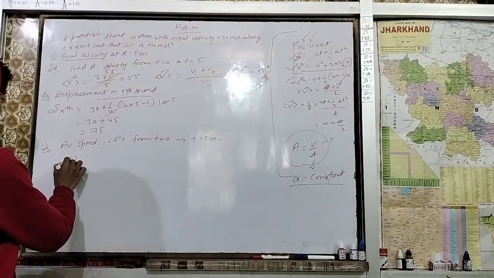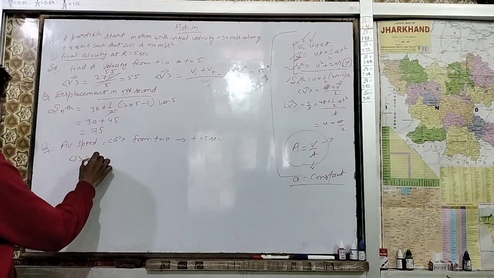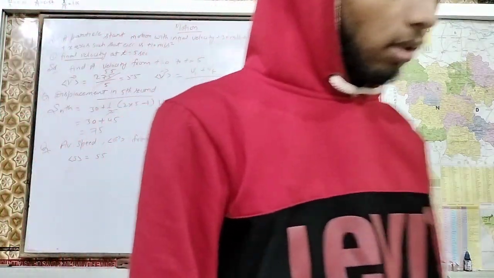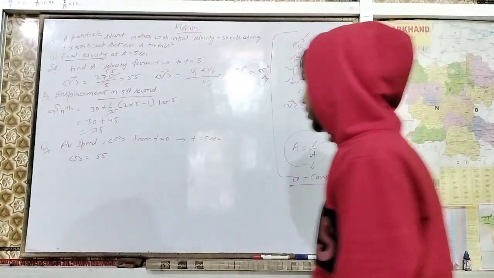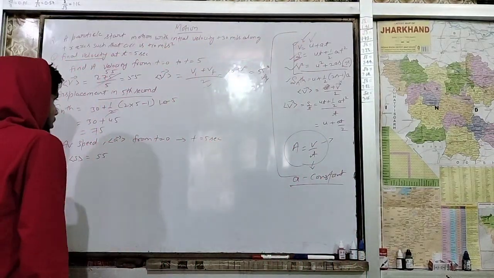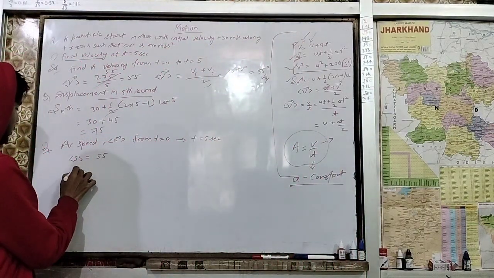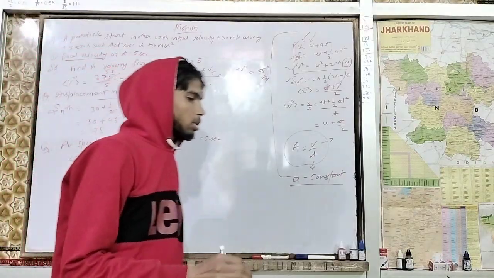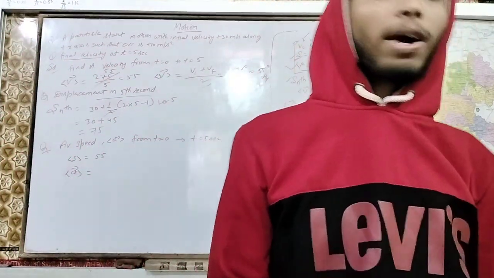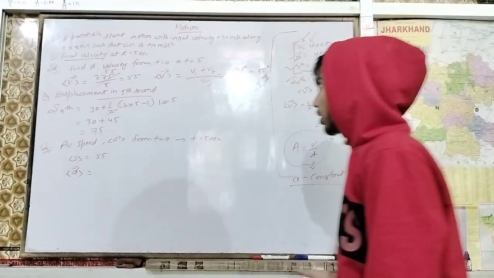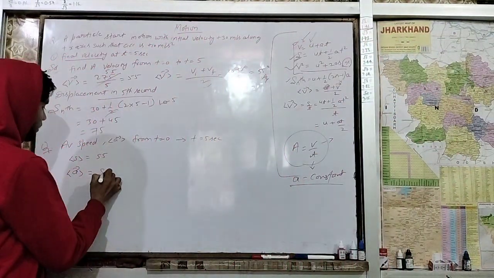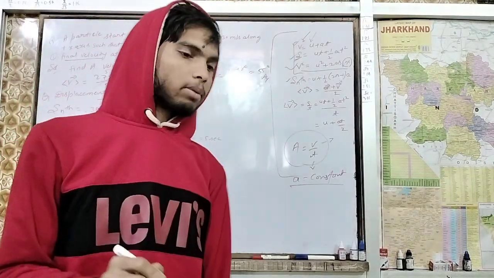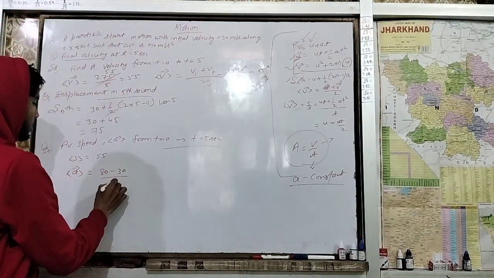So this speed will be equal to total average velocity, which is 55. So average acceleration would be final velocity minus initial velocity upon time. Final velocity is 80 and initial is 30, upon time. Time is 5 seconds.